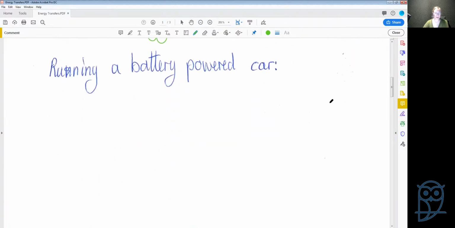Okay, so running a battery-powered car. Here we've got slightly more going on than just the clockwork car that we had there. First we have a battery.